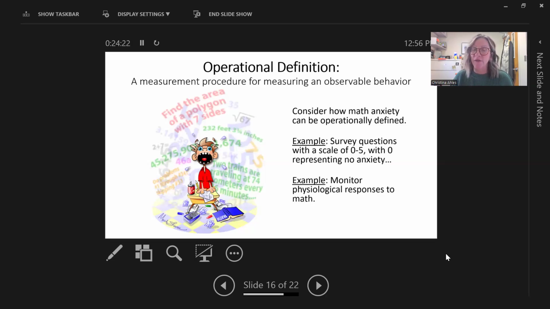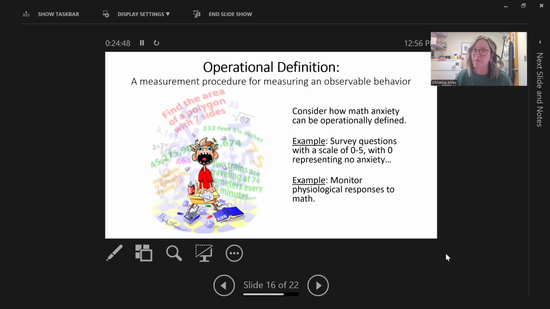There's another one, if you could see. We could monitor physiological responses to math. For some of you nursing students or in the health field, blood pressure increases. You could monitor blood pressure. Heart rate increases. The temperature at your fingertips and toes decreases.